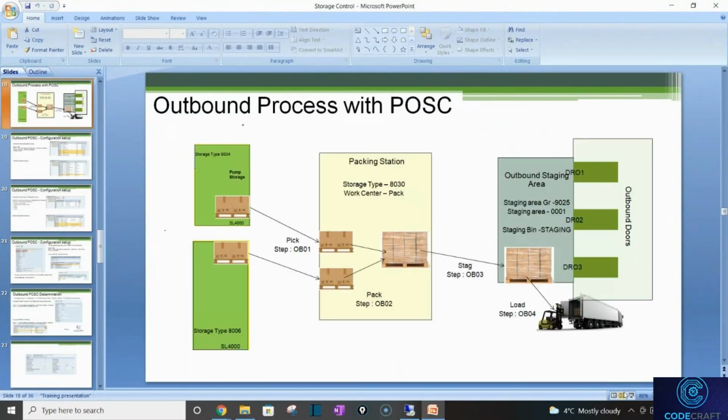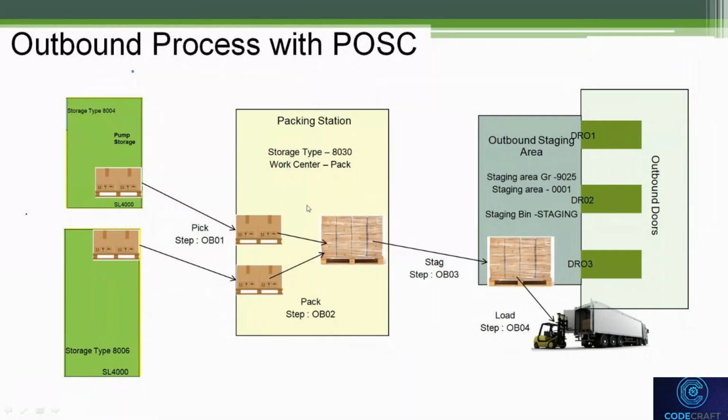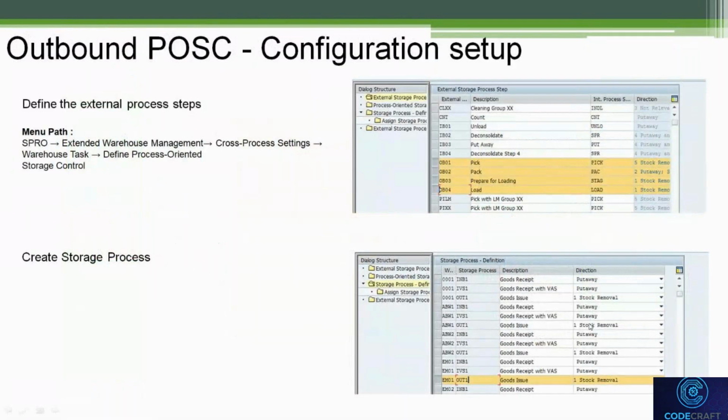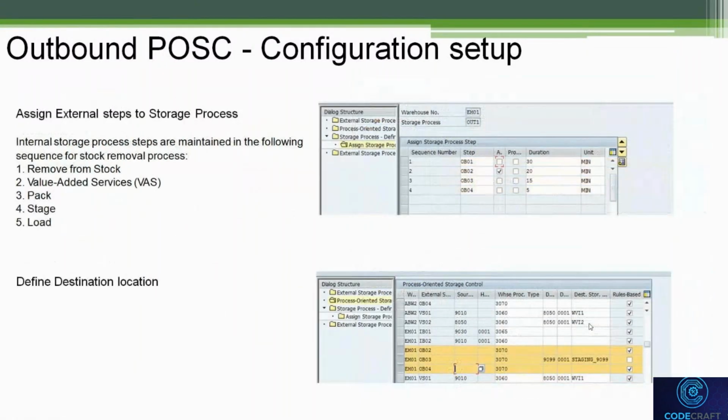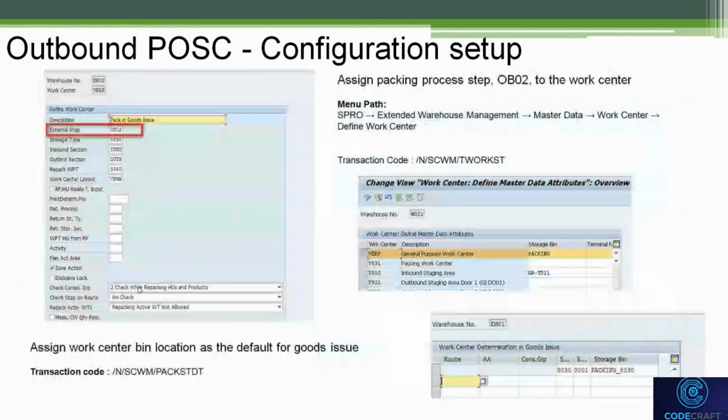So we pick the material, we pack them, we stage them, then we load them. So we created process steps, we created a storage process, we assign the steps, then we maintain the locations. Then we have also changed the work center. We have maintained the packing bin. We have done the determination. We have not determined the packing area. We have determined the staging area.